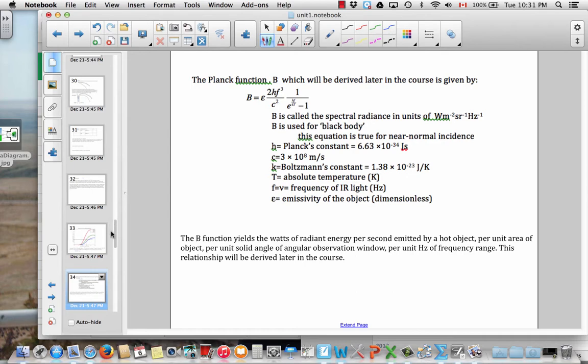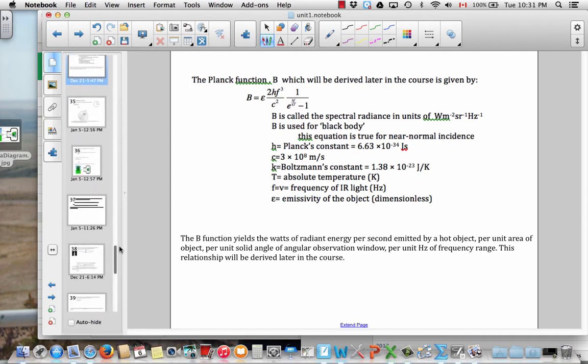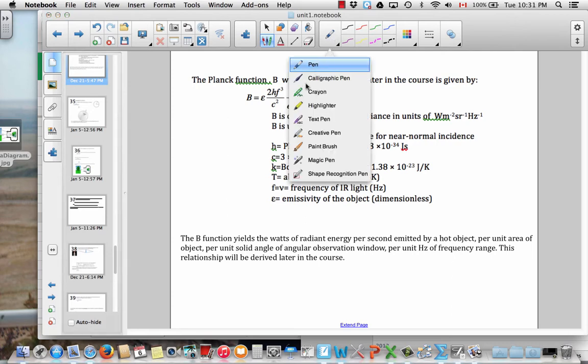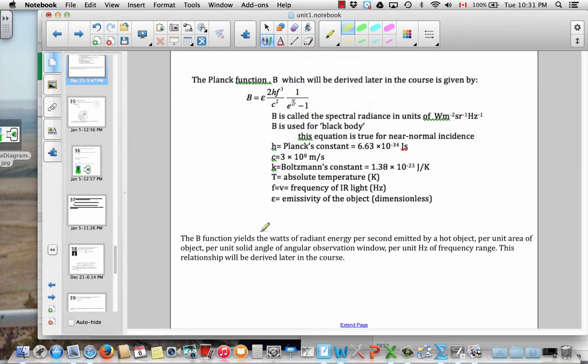So here then is the famous Planck function, and what we're going to do here is spend some time getting used to this function. We'll derive this later in the course. It'll come up several times, and this is just really our first look at it. Now, what is B? Well, it tells us the amount of thermal radiation you get, so it's the watts of energy that's coming off that hot object per second.